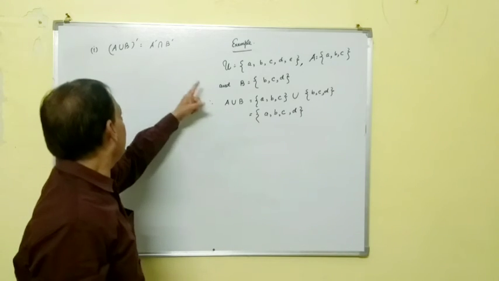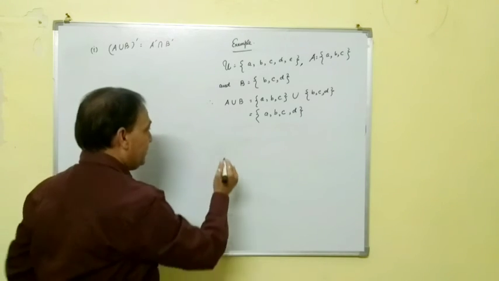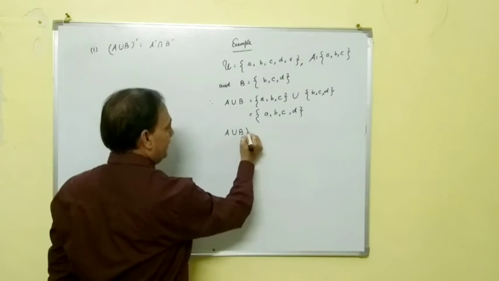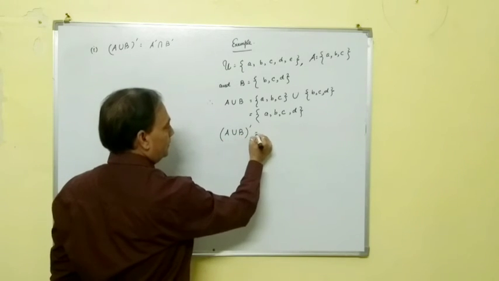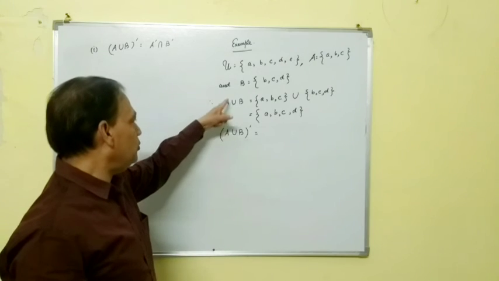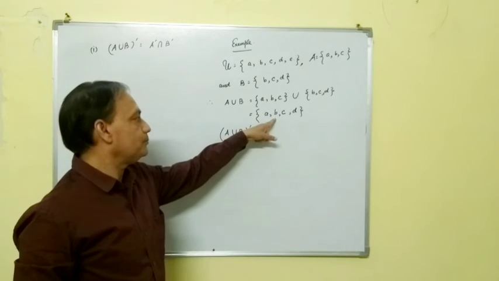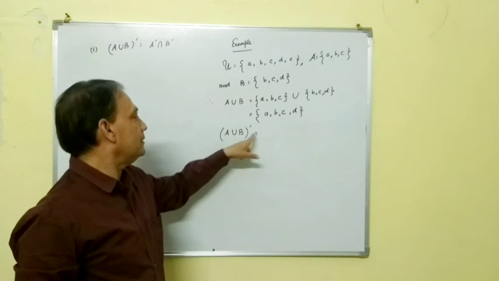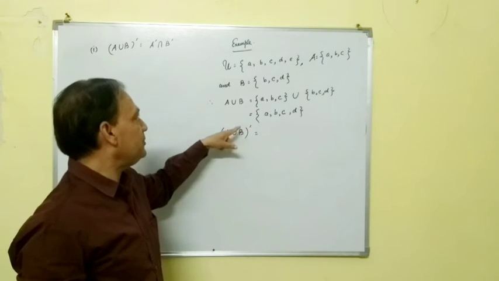And what is the complement of A union B? This will be U minus this. So what will be the complement of A union B?